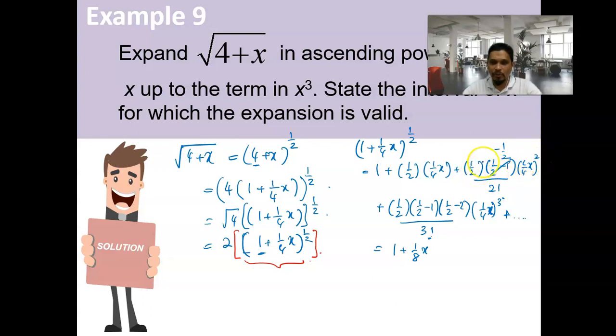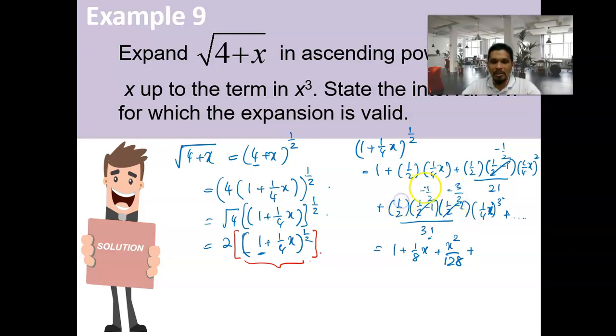Simplifying this, 1 over 2 times negative 1 over 2, then 1 over 4 squared multiplied with these 2 here and divide by 2 factorial is going to give you plus with x squared divided by 128.